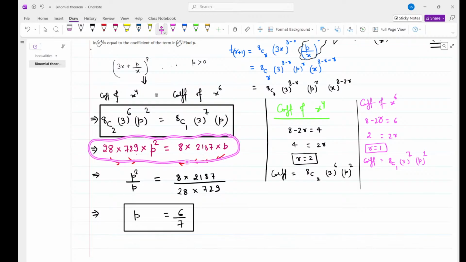No. Why no? 0 into something. 0 into something. 0. So 0 equals to 0. What's the problem you have? Oh, yeah. But it is not coming in your solution. This is very serious thing.